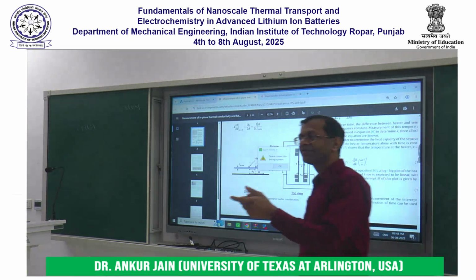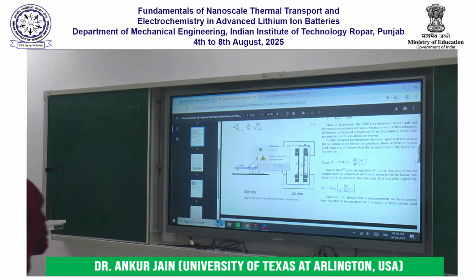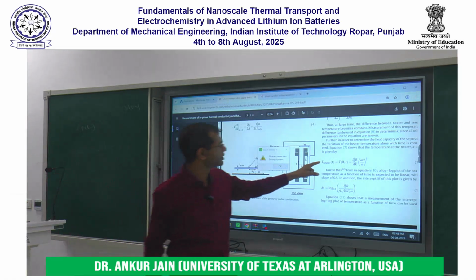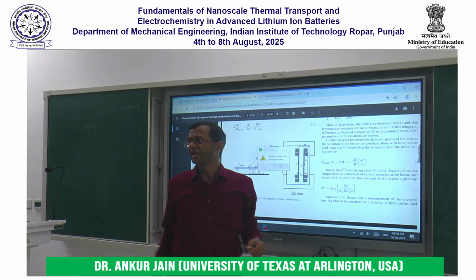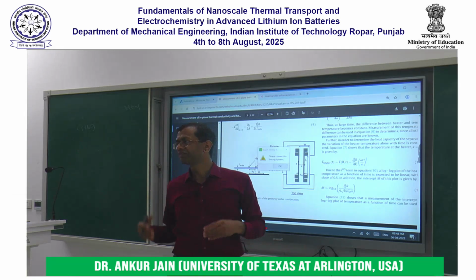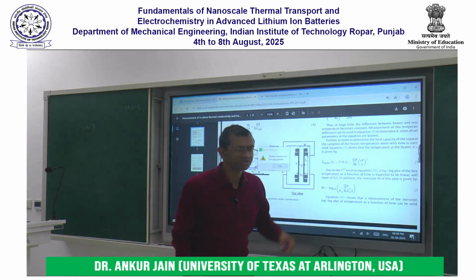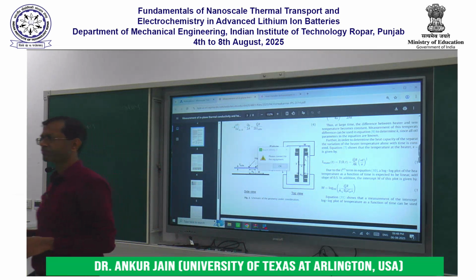This is sort of like the same thing that we did with the cell, right? With the cell also we predicted that the temperature should become a straight line, and the slope and the intercept of the straight line should give us information about its thermal properties. Similarly, we are predicting here that the heater temperature, when plotted on a log scale, will become a straight line, and the slope gives us information about the thermal properties of the body.